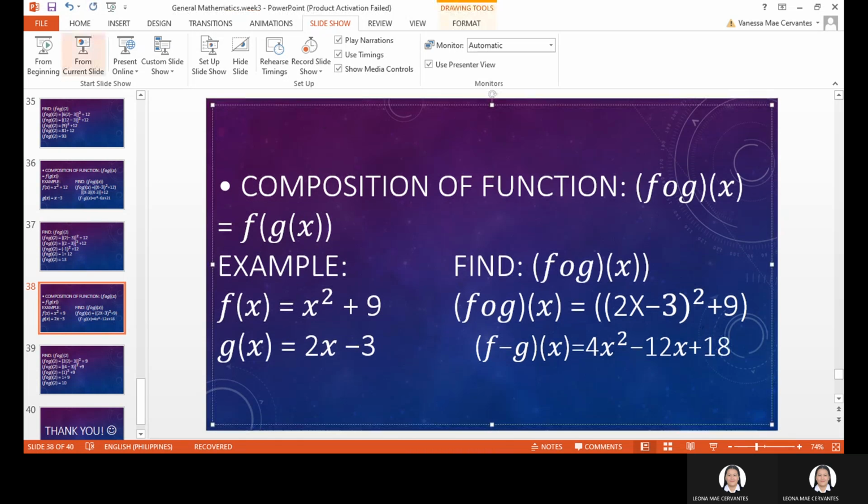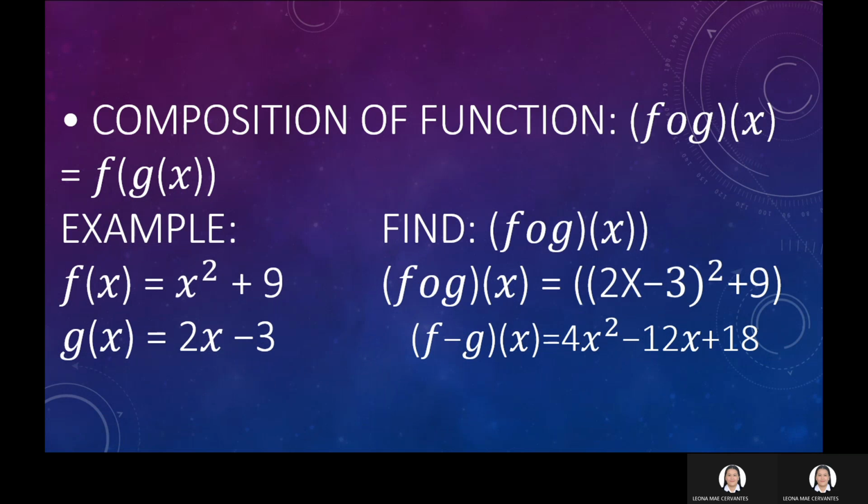Okay. So f composition of g of x is equal to 4x squared minus 12x plus 18.